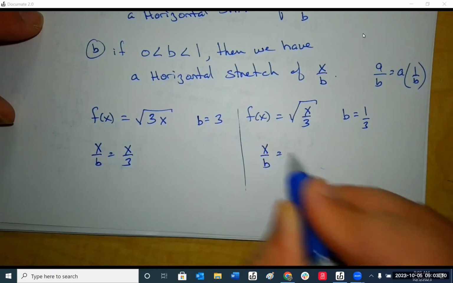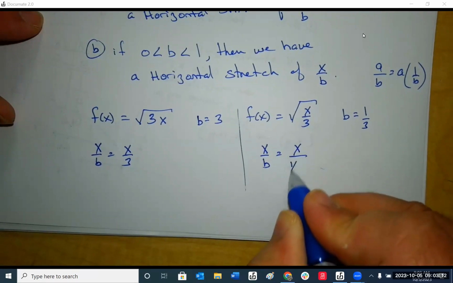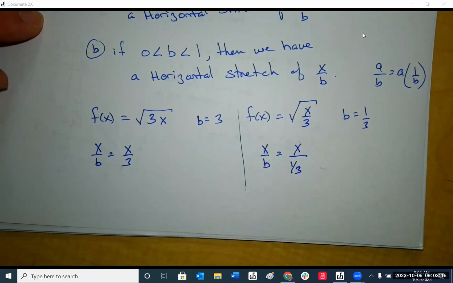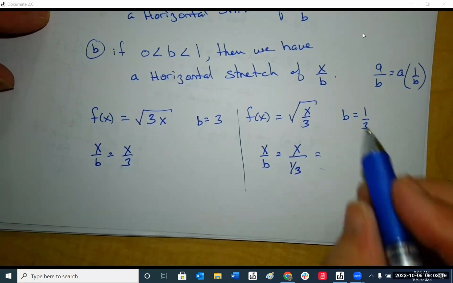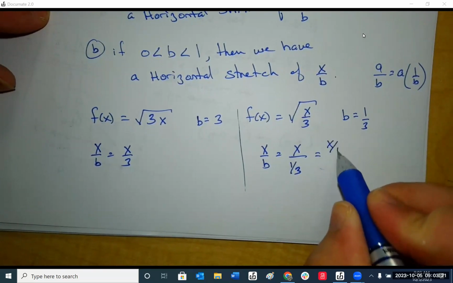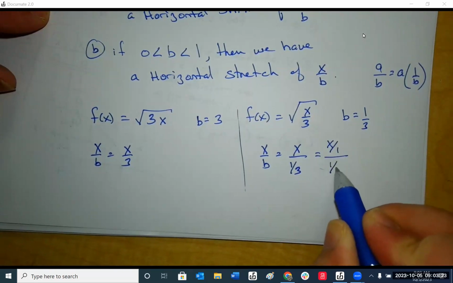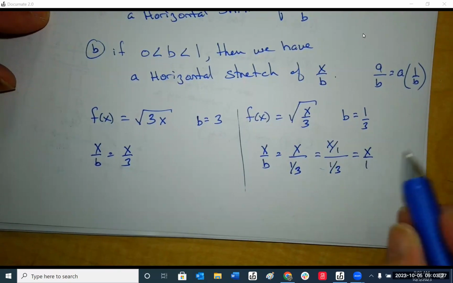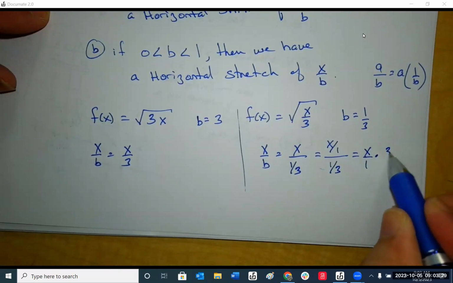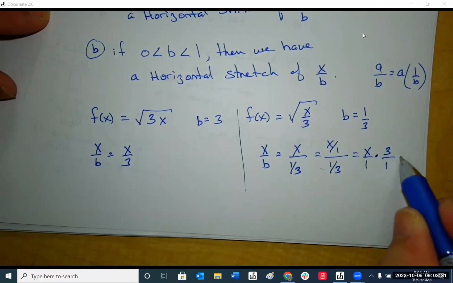But in this case, we have x divided by 1 over 3. We have a compound fraction. Take the top fraction, leave it alone, and flip the bottom.